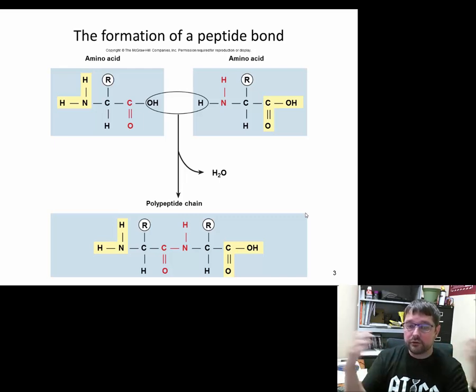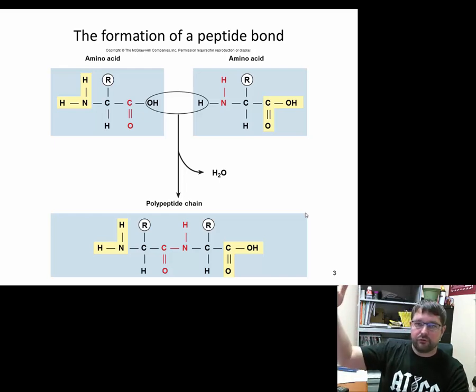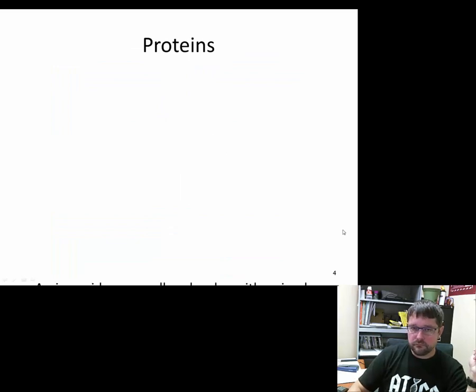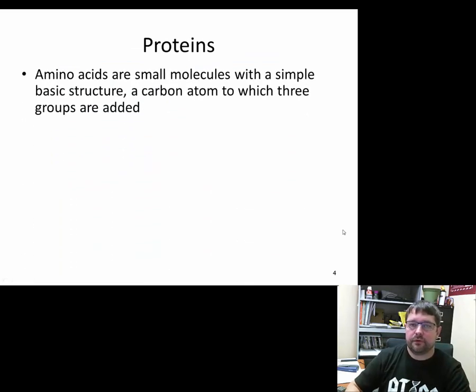Hundreds of amino acids linked together form simple proteins. Sometimes 300 to even 1,000 amino acids might be linked together to form these long polypeptide chains.